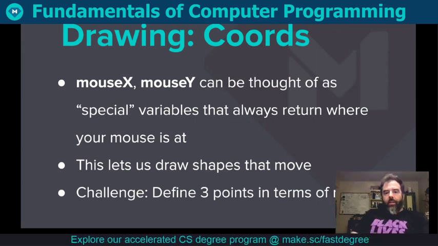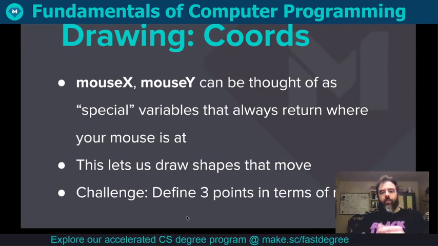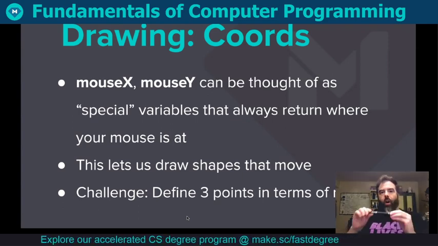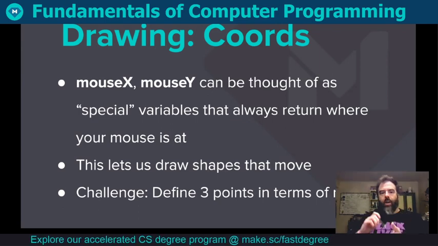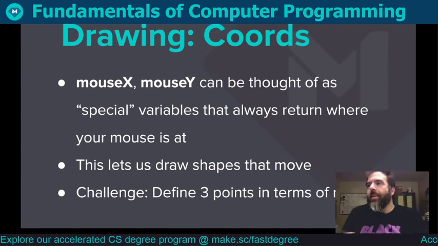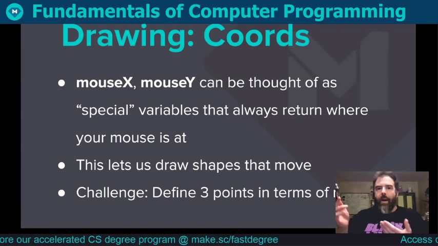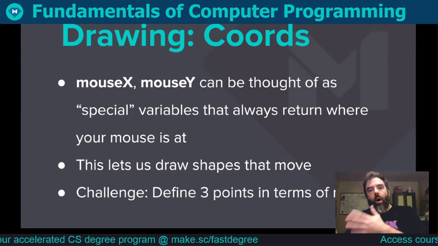And one of the challenges I want you to think of as you move along is how to draw shapes where all of the points that it's defined with are in terms of the mouse position. What that means is if you have a rectangle, the top left corner is going to be where the mouse is. The top right corner is going to be some offset on one of the X or Y values.